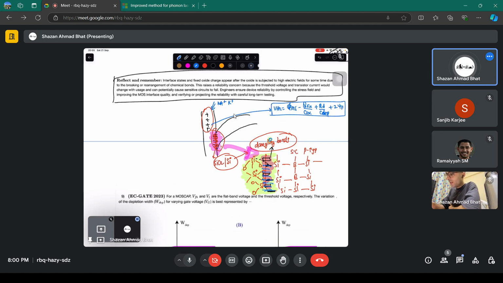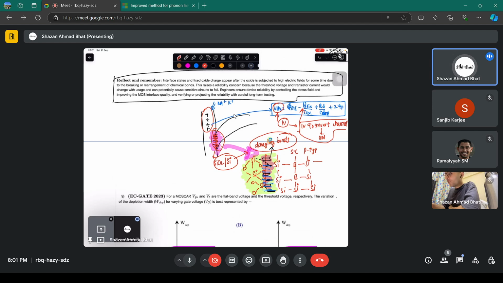If anything among these changes, if the fixed charges at the oxide and semiconductor interface change, the threshold voltage is going to change. And that will change how we interpret the on and off state of a transistor. Let's say the threshold voltage was 1 volt, that means you had to apply 1 volt to invert the channel and turn on the transistor.